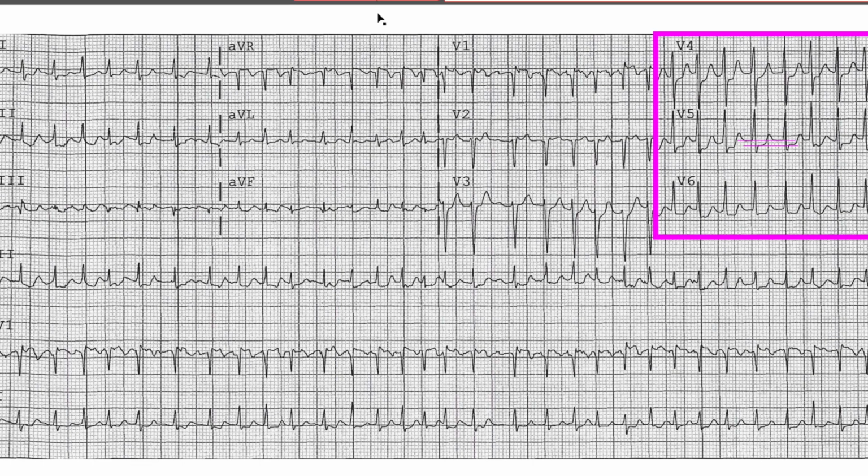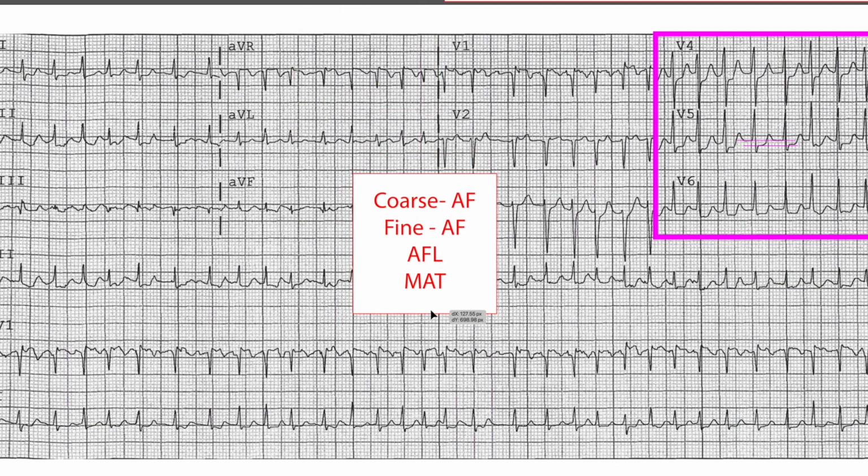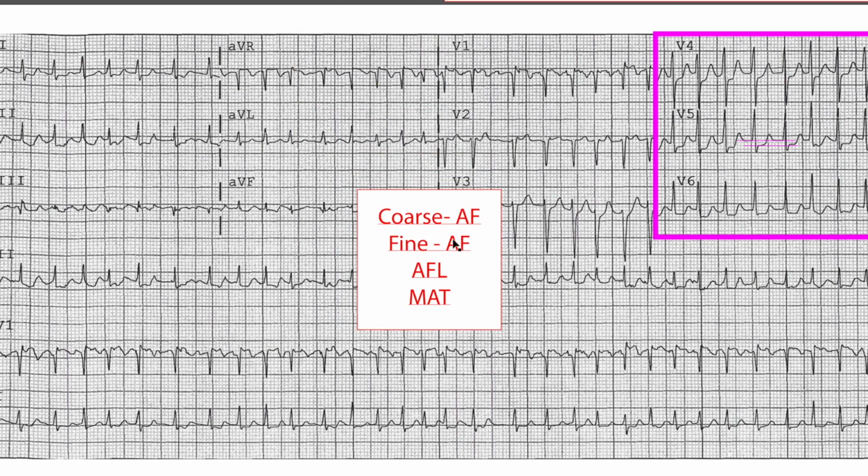Now, we talked a little bit briefly about that. So this ECG, you let it run to try to definitively figure out if indeed you're looking at coarse atrial fibrillation, fine atrial fibrillation, perhaps atrial flutter, or multifocal atrial tachycardia. These are all possibilities on the ECG.